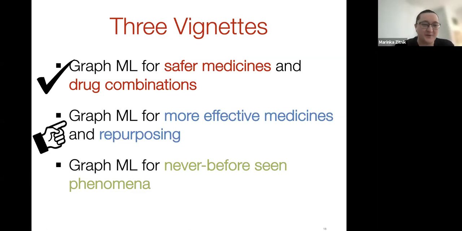Fantastic question. So I will describe that in detail in the third vignette. But briefly, we have algorithms. One of them is GNN Explainer, which was published at NeurIPS 2019, that can do exactly that and uses counterfactual reasoning to provide explanations for predictions.